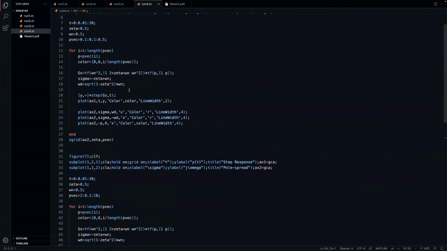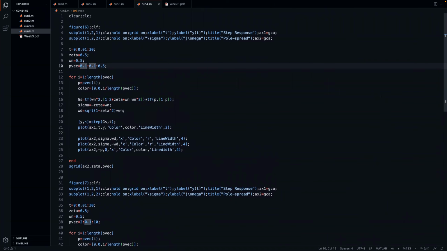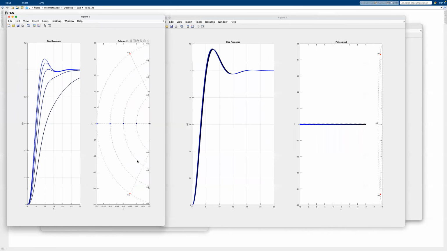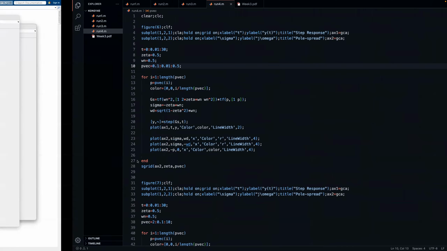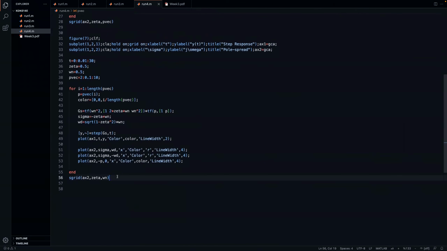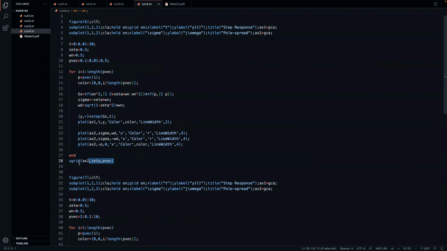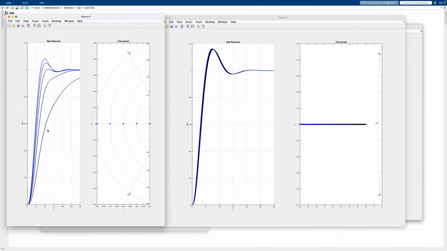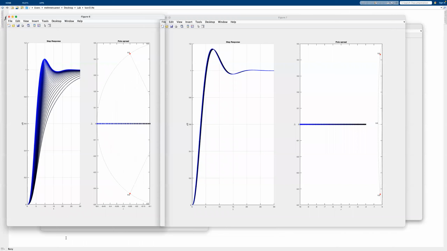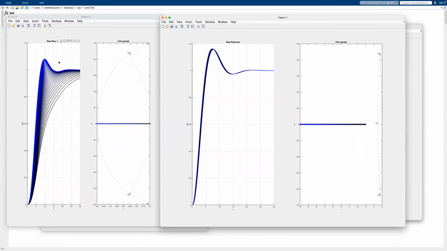I can, by the way, increase that a little bit more to have a better view. Maybe we should get rid of that. And let's run it again. Here you can see the behavior does change when the pole moves, and we cannot assume that they have a certain settling time or a certain overshoot because it changes with the pole.